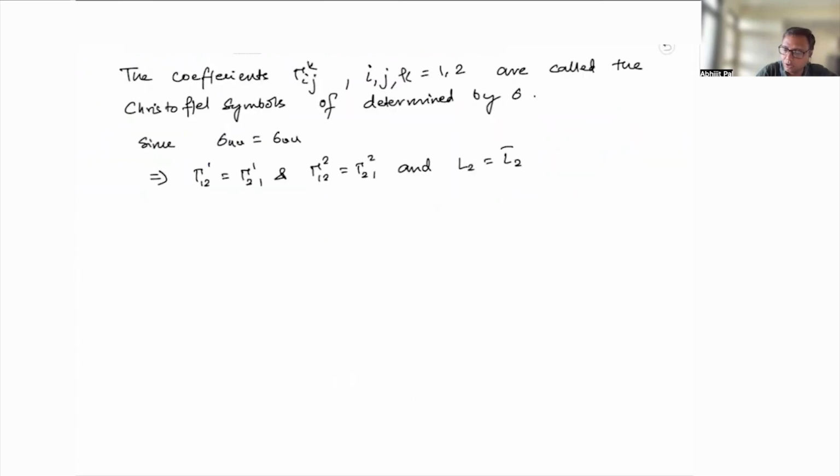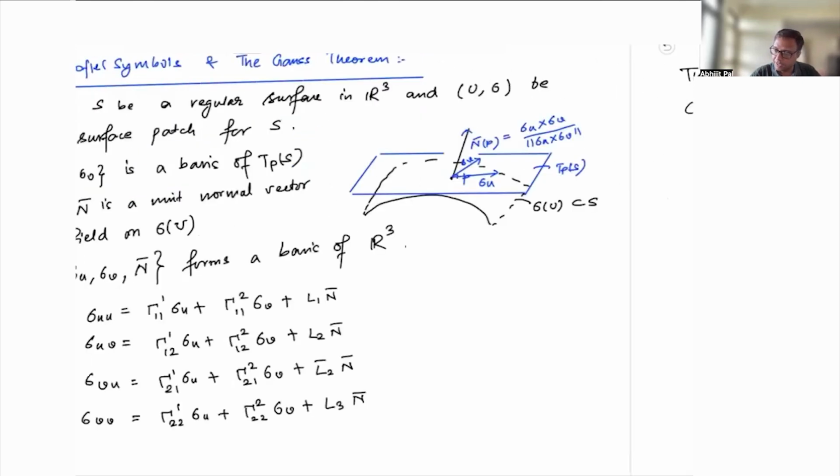Also, note that N bar u is equal to some A sigma u plus B sigma v. This we have already seen earlier, because N bar u belongs to the tangent space TpS, where P is this point.